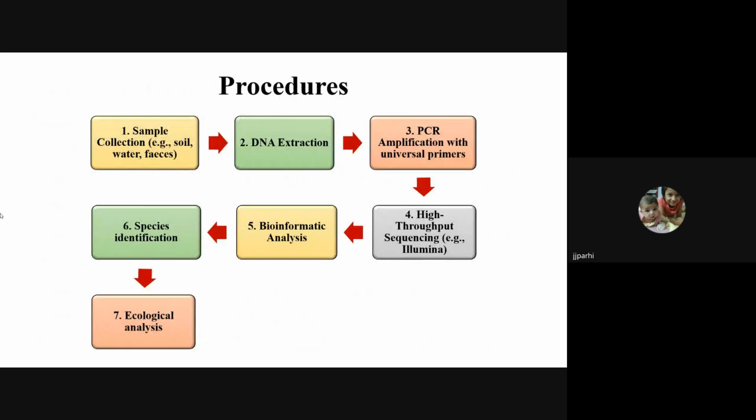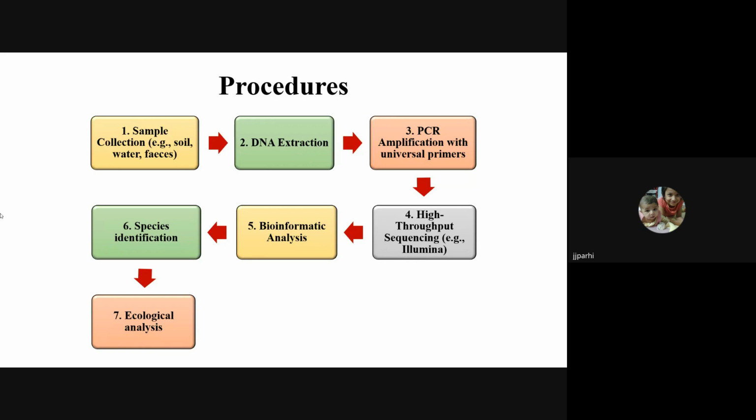So in a tabular form, if you see, this is sample collection from soil or any environmental sample. If it is water, the sample goes through the filter, then from the filter we remove the DNA, and after extraction, we go for PCR, then high throughput sequencing, that is next generation sequencing.